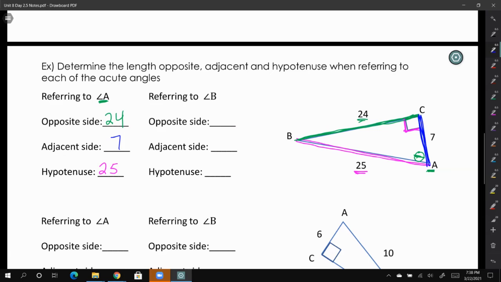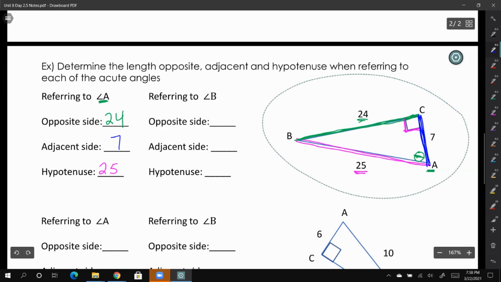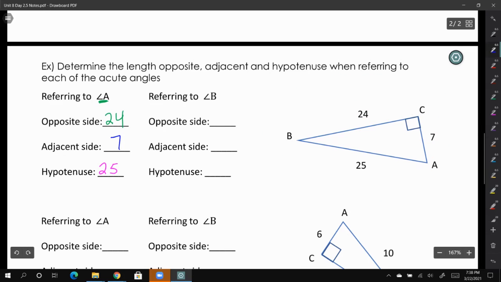All right, so now let's refer to angle B. I'm going to erase this. So angle B is right here now. So this is my angle measurement, or theta. The hypotenuse, still the same. Hypotenuse, again, is always a side that doesn't touch the right angle. So 25.